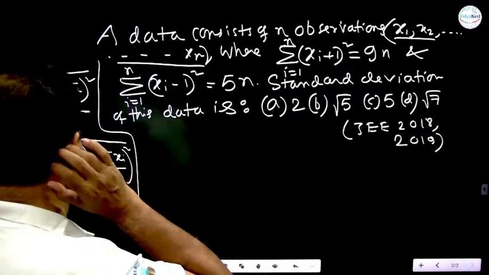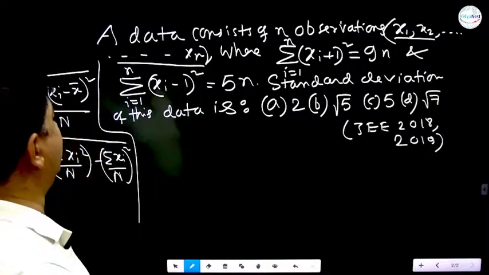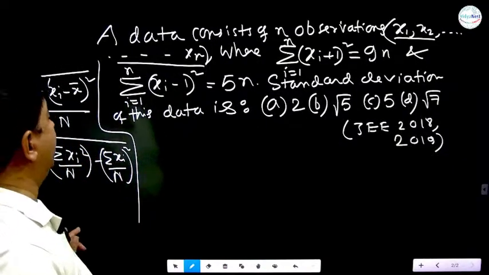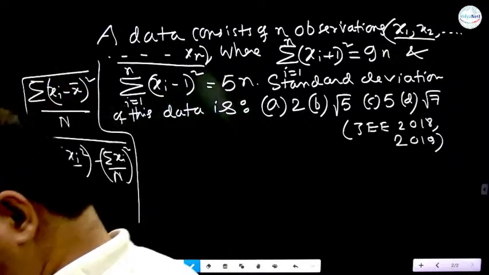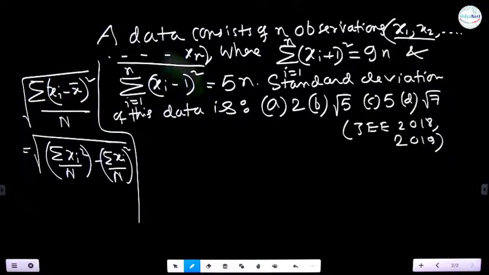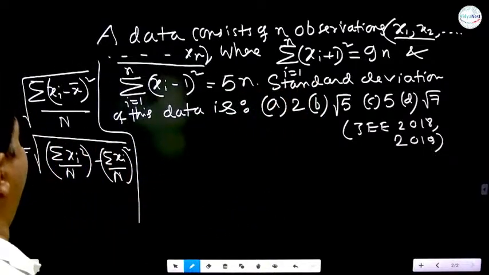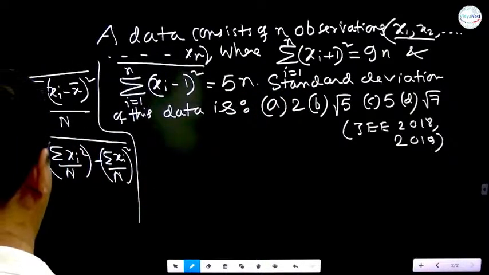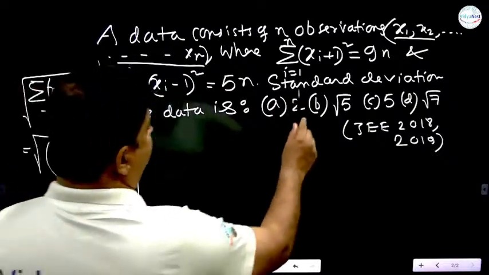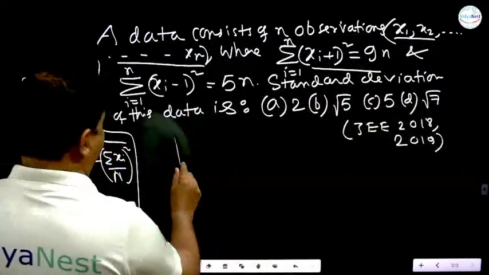So first of all, we have nothing in our hand, but one thing we can do is add these two and see the outcome. First of all, you open this summation.